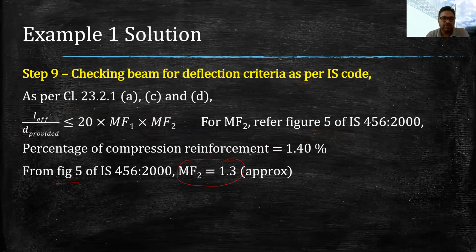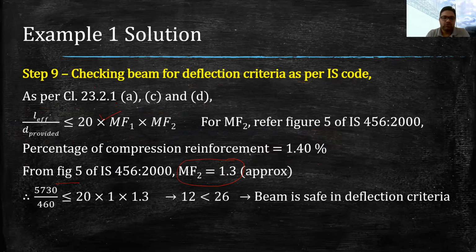Now we put all these values in this equation. L effective is 5730, D provided is 460, and 20 into MF1 into MF2. This product should be more than this one, and it is actually satisfying. So the beam is safe in the deflection criteria.